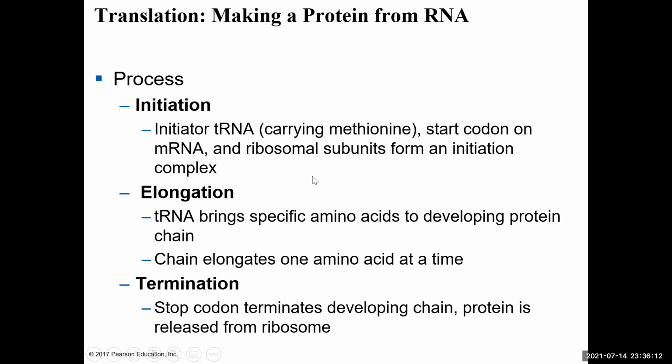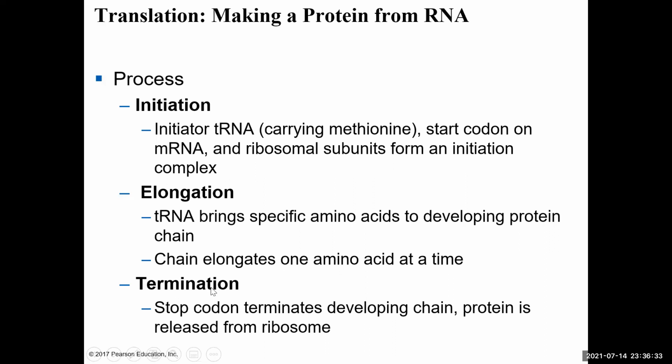Once they form that initiation complex, elongation happens. Each codon will be read, and the tRNA molecules will bring the specific amino acids that match each codon, elongating the protein chain one amino acid at a time.